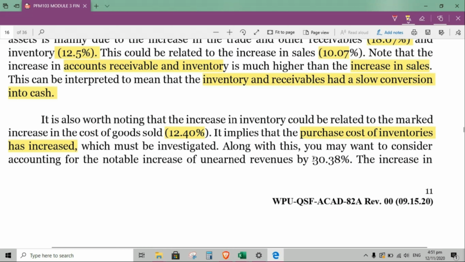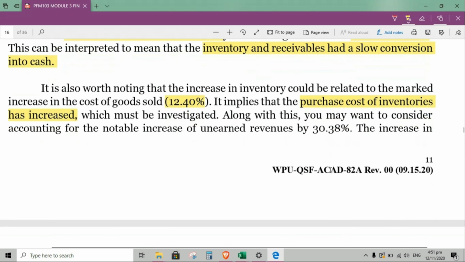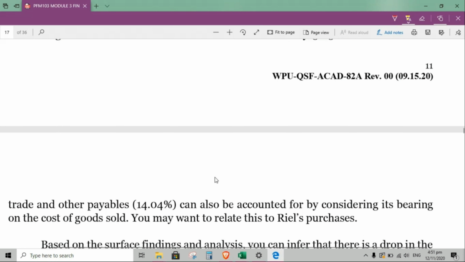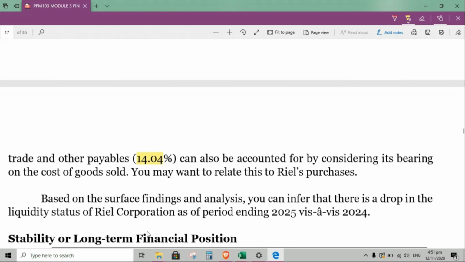And along with this, you may want to consider accounting for the notable increase of unearned revenues by 30.38%. The increase in trade and other payables can also be accounted for by considering its bearing on the cost of goods sold. So you may want to relate this to real purchases. Yan. So yung kanyang trade and other payables tumaas, ibig sabihin, yung payables niya tumaas, marami siyang utang.